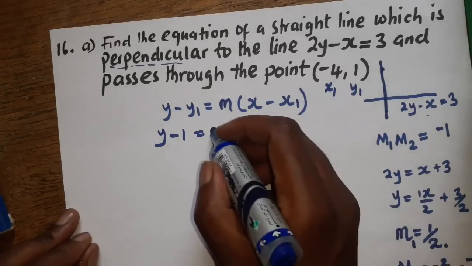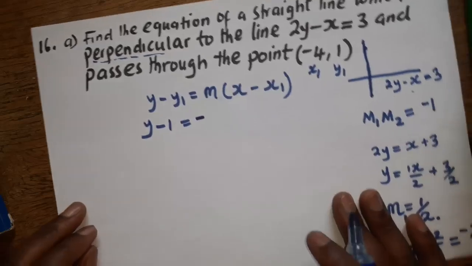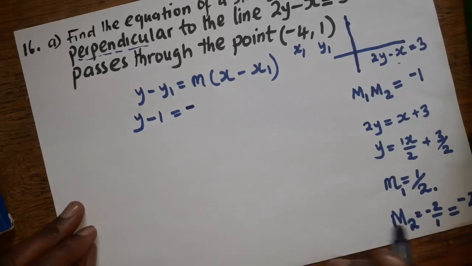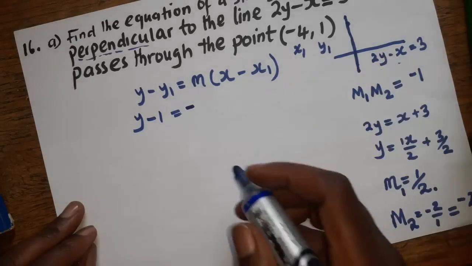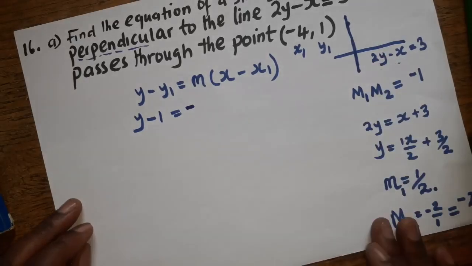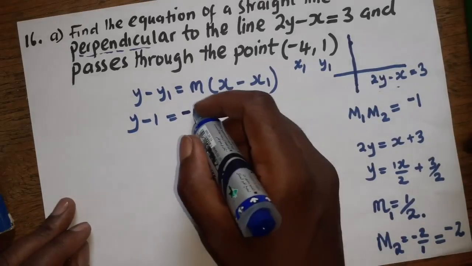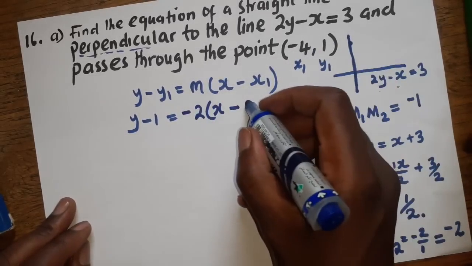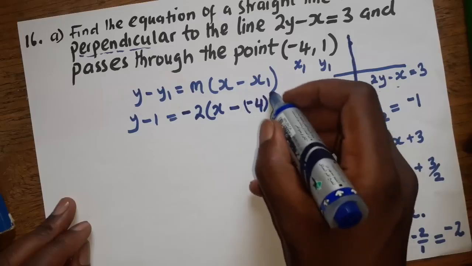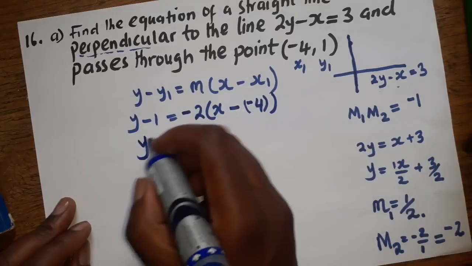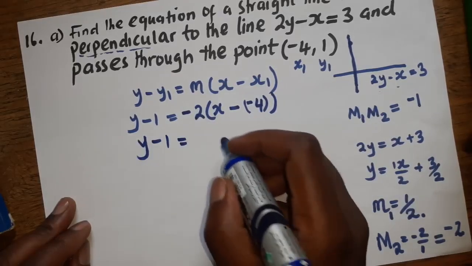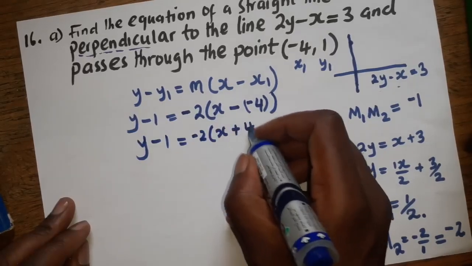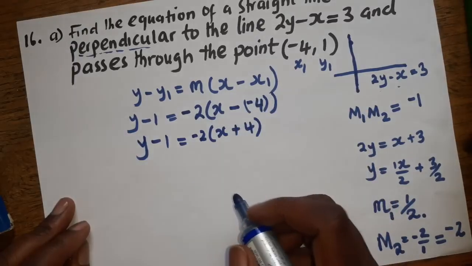Our m, because this is perpendicular to the other equation, is negative 2. So we have negative 2, then x minus x1, where x1 is negative 4. Take note of that. So we go on to say y minus 1 equals negative 2x plus 4, because of the negatives here.